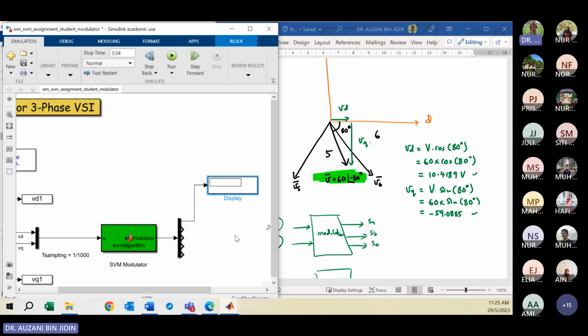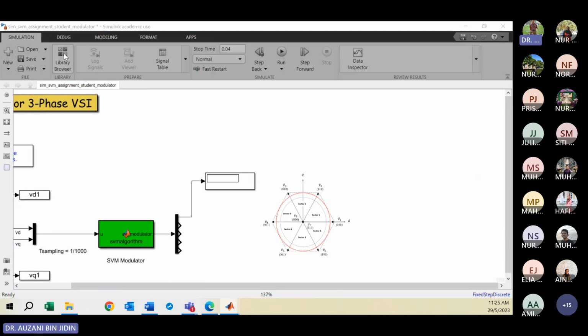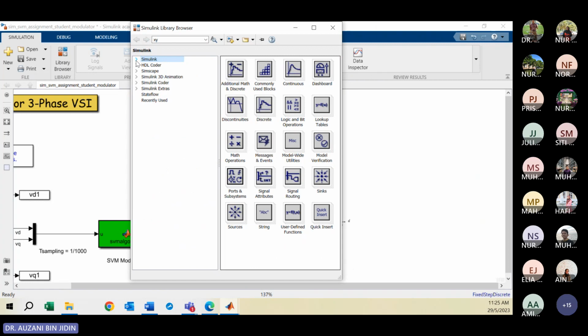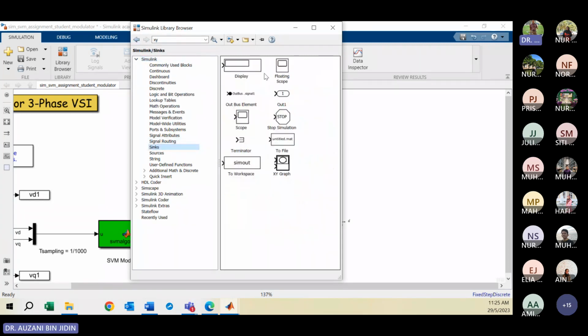Using a scope, you get the waveform. For display, you just double click and type display. Otherwise, you can find the block from the library browser. Under Simulink library, go to the sinks. They provide a list of components to measure the output, whether you want to visualize the result as a waveform or produce numbers. Display will produce the numbers like a meter.